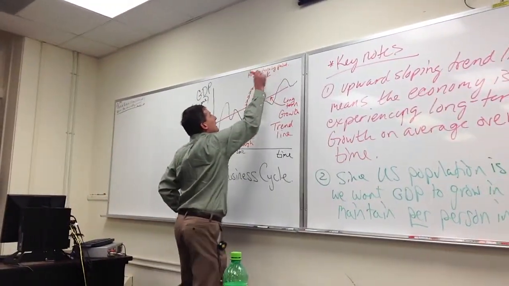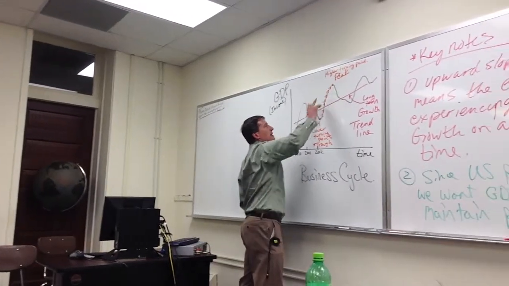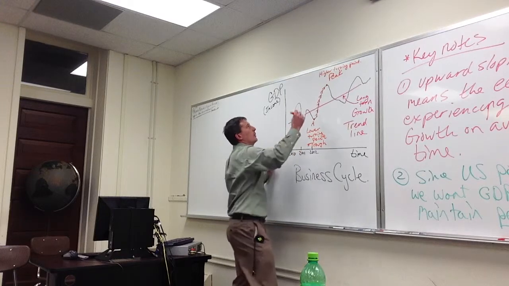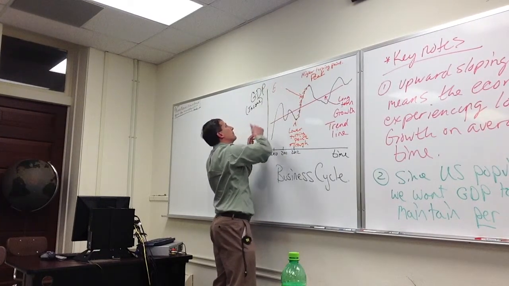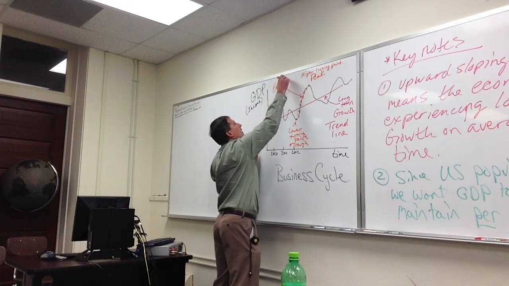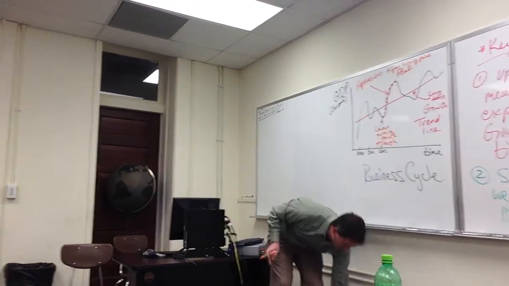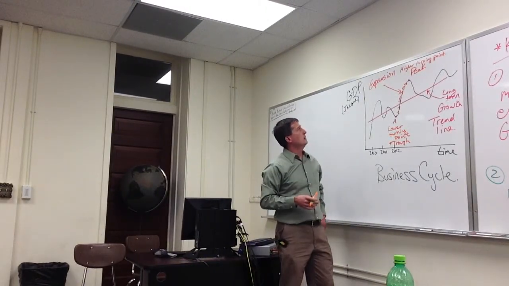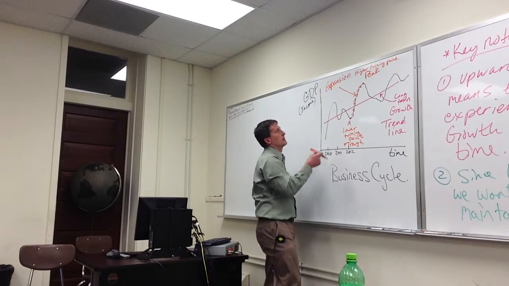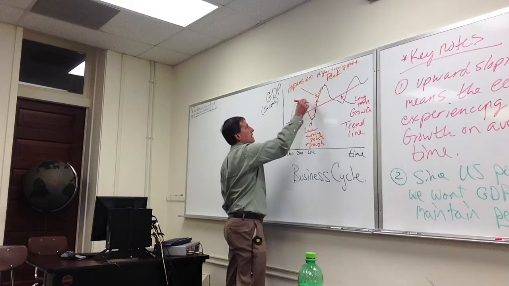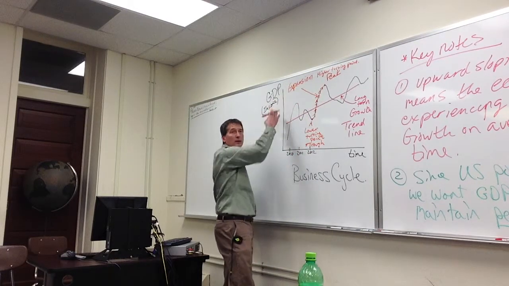So that is the peak. And this phase in between we call an expansion, the expansionary phase, a period of expansion. GDP is going up. If we map 2 points out here, A and B, GDP over this time period has gone up. It's expanding.